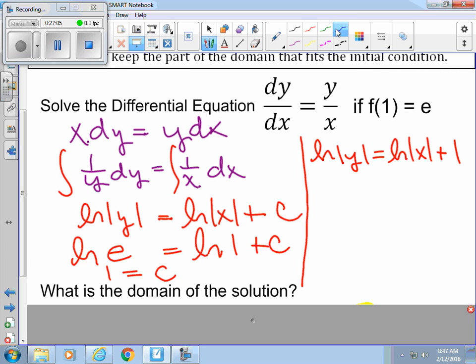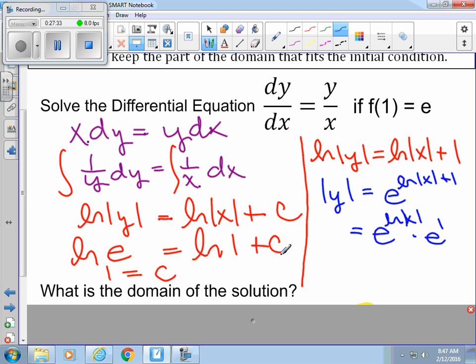What do I need to do now? Raise e to both sides, so I get absolute value of y equals e to the natural log absolute value of x plus 1. And we did learn a cool trick that I can separate that out to be e to the natural log of x times e to the 1.